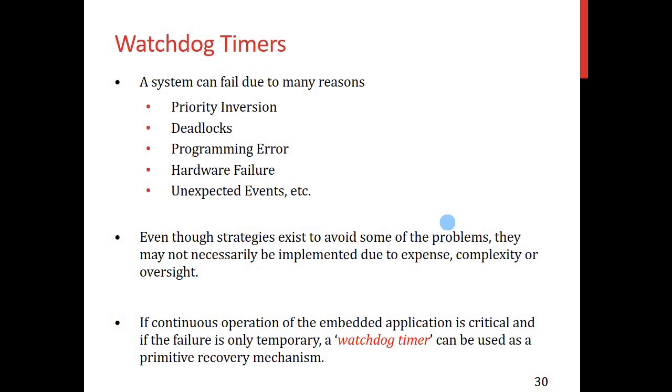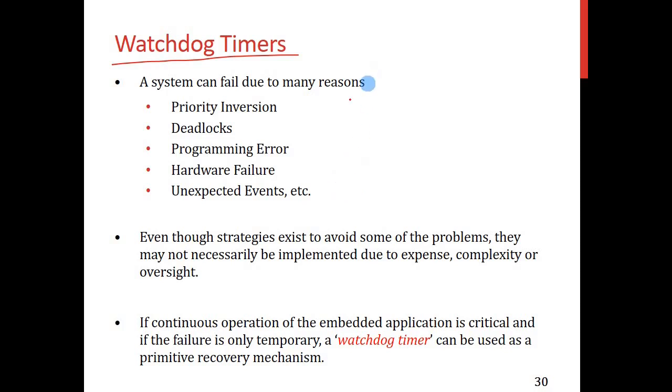Another critical aspect of systems is the ability to ensure that in a situation where you are in a deadlock or something really bad happens, you want to be able to recover the system. And what actually helps you to do it is this peripheral block in your processor, which is what we call a watchdog timer. A system can fail due to many reasons.